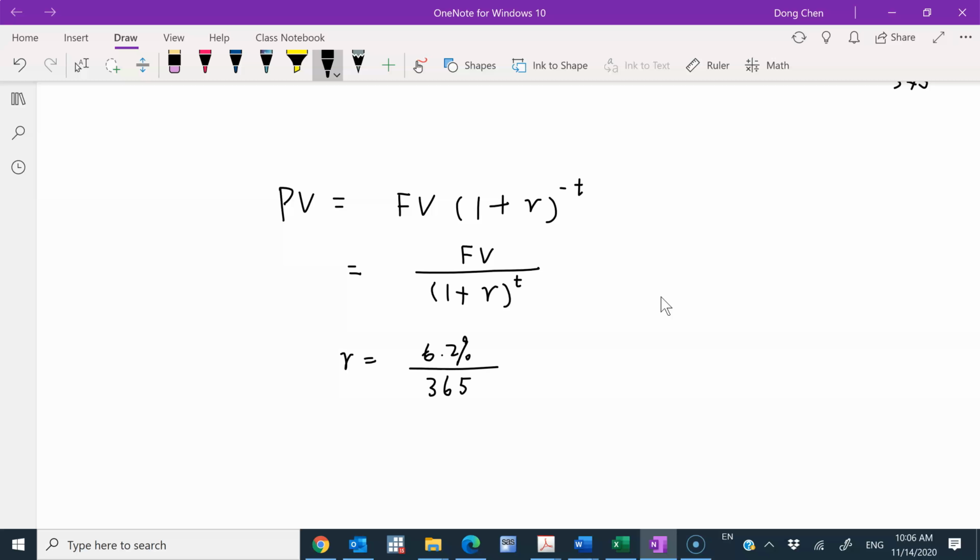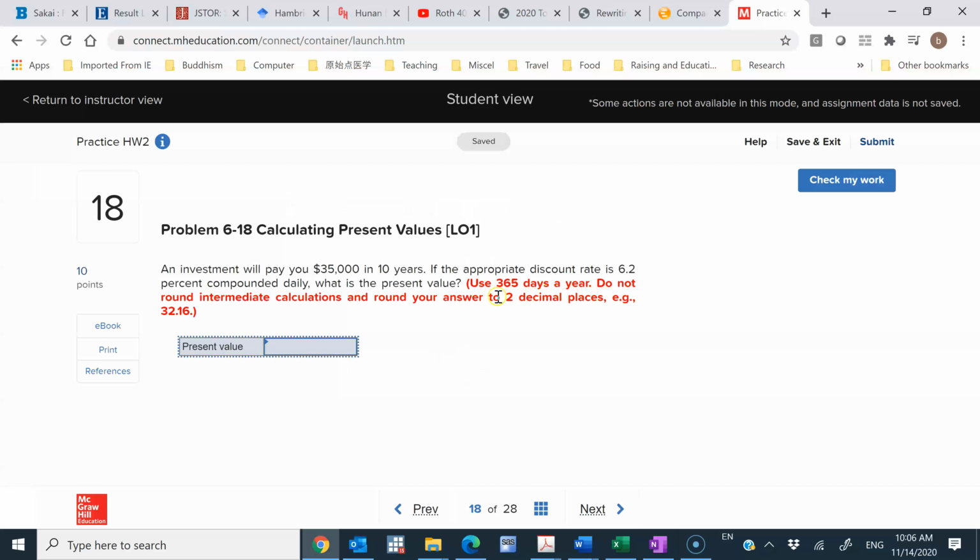I don't want to calculate it as a specific number because I don't want to round these intermediate results. If you look at the setup, it says first use 365 days a year, do not round intermediate calculations, and finally round your answer to 2 decimal places.